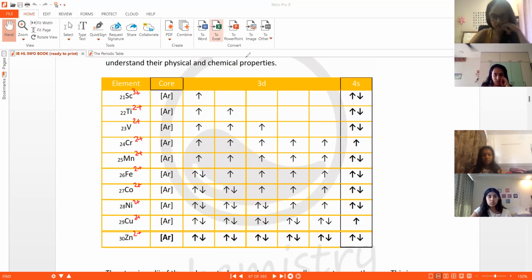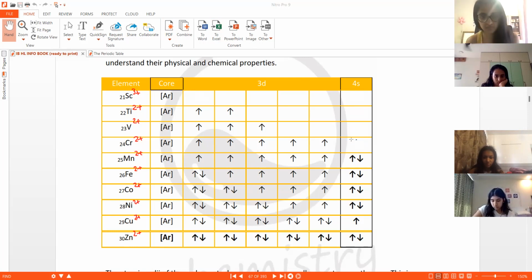So let's remove those electrons according to the charge. Because scandium is 3+, I have to remove 3 electrons. Okay, so I've removed 3 electrons here. And for everybody else, I will remove 2 electrons because they're all 2+ charge. So in chromium, 1 electron from 4s and 1 electron from 3d.